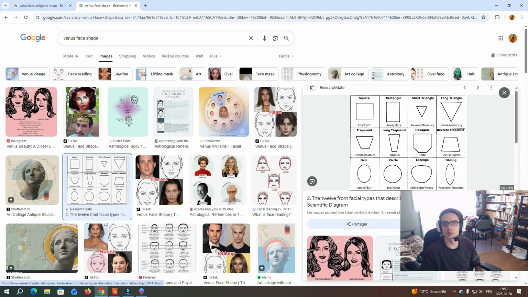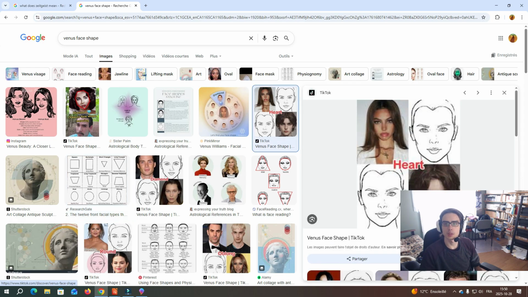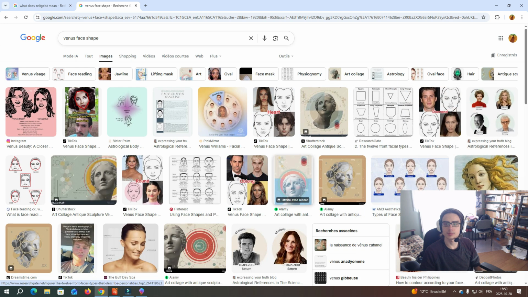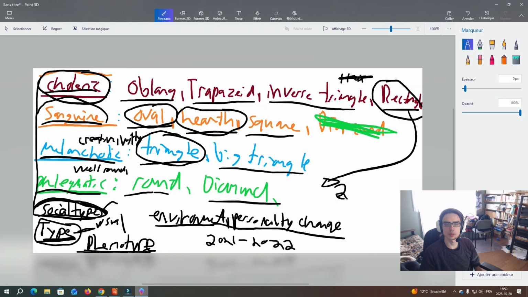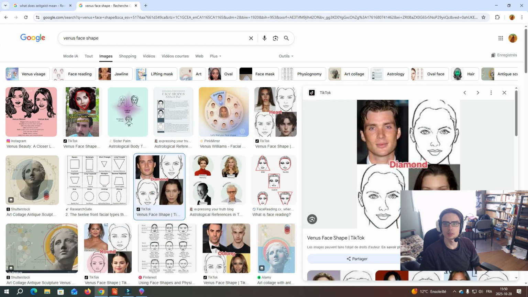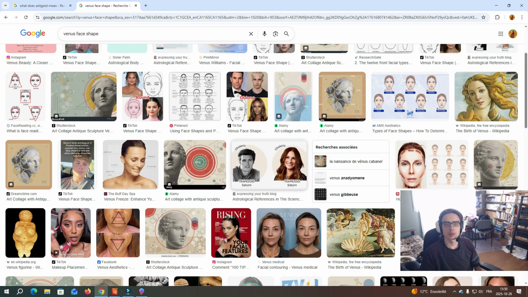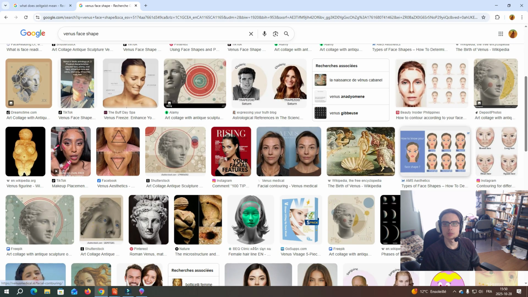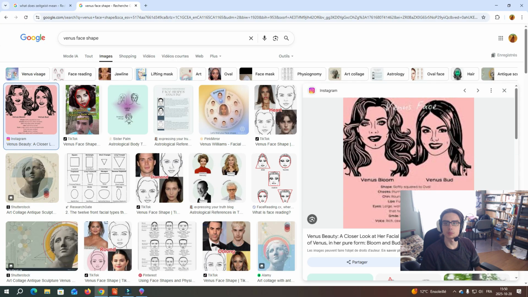What is that? Okay, the lozenge, Venus. I guess it's the Earth shape, which is sanguine, yeah. Diamond, phlegmatic. Okay, well, I'm missing one face shape.